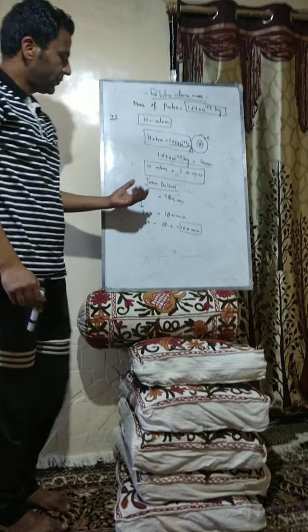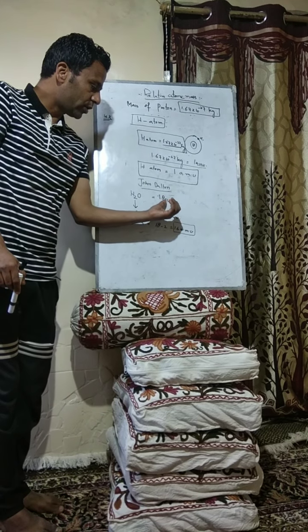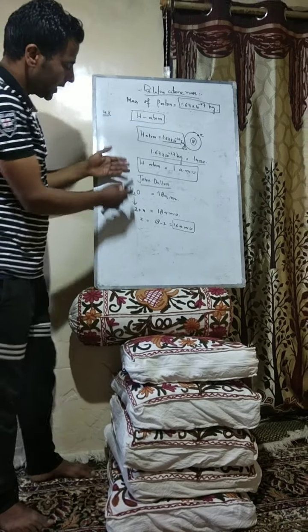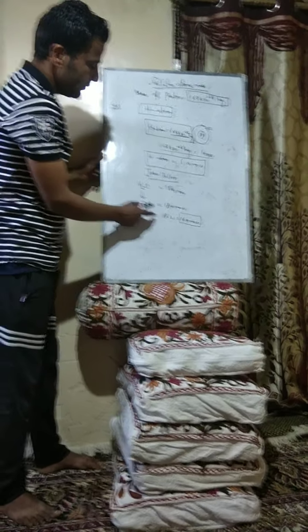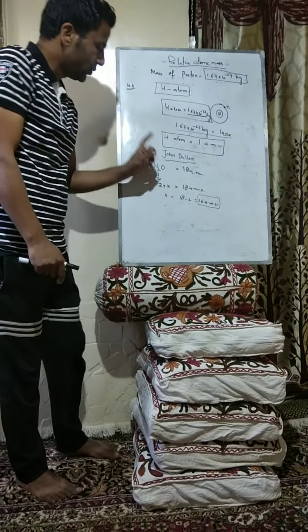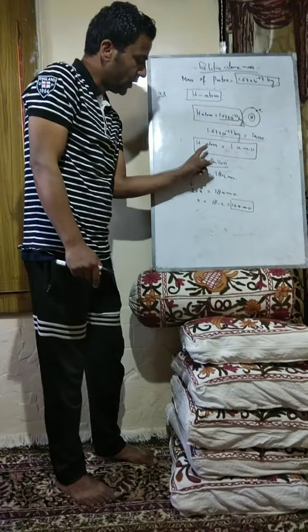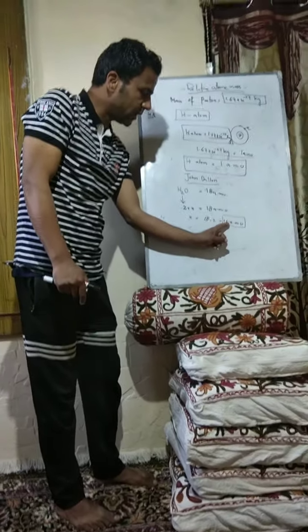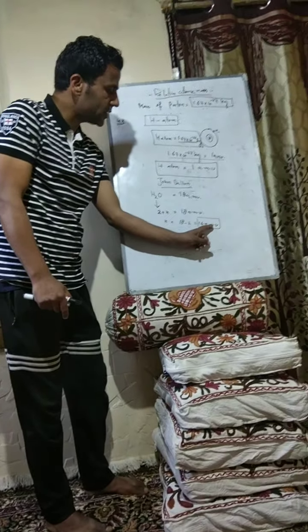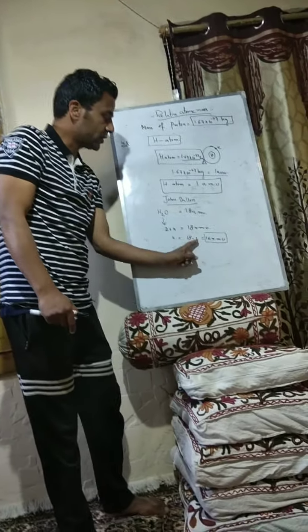For example, the water molecule has a mass equal to 18 AMU, so we can calculate the mass of the oxygen, which comes to be equal to 16 AMU. Thus, using the hydrogen atom as a reference, we can calculate the mass of the oxygen atom, which is equal to 16 AMU. That is called the relative atomic mass of oxygen atom.